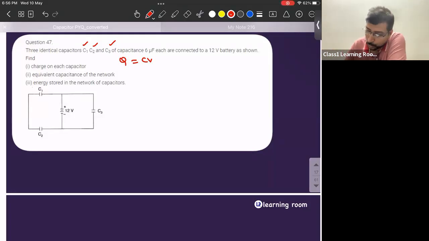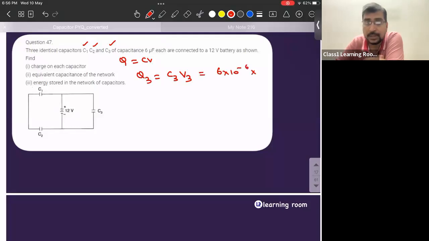If I look at Q3, it is easy. Q3 is equal to C3 into V3. C3 is how much? 6 into 10 power minus 6. And what is the value of V3? It is 12. So it is going to be 72 into 10 power minus 6 coulomb.